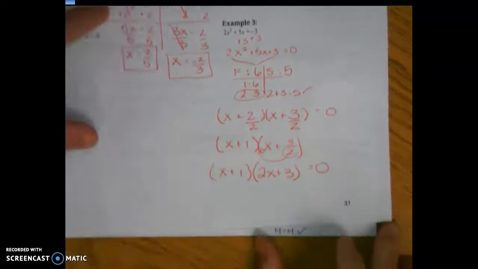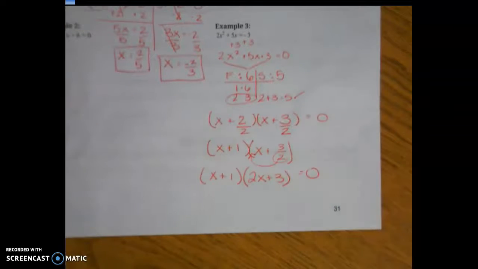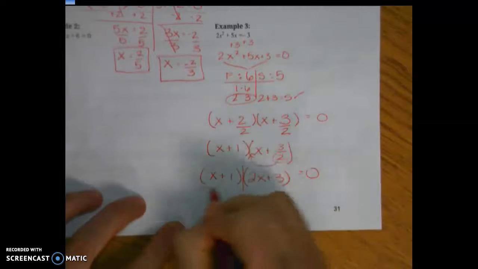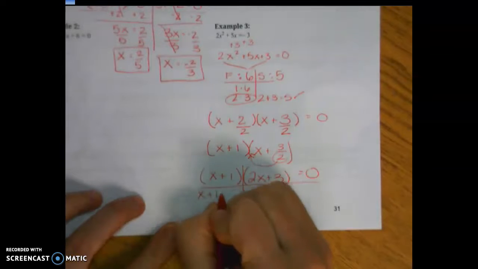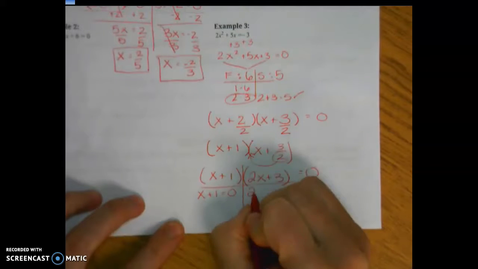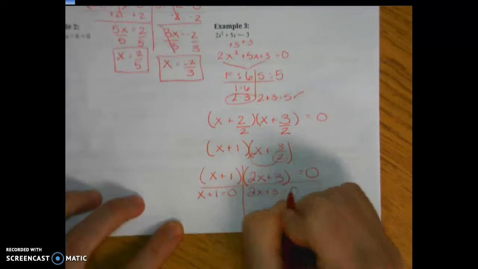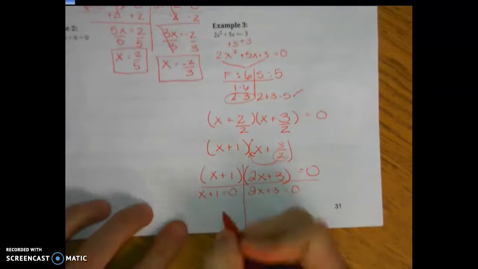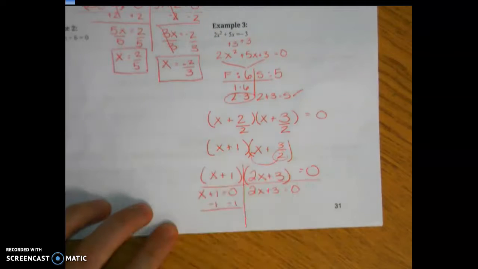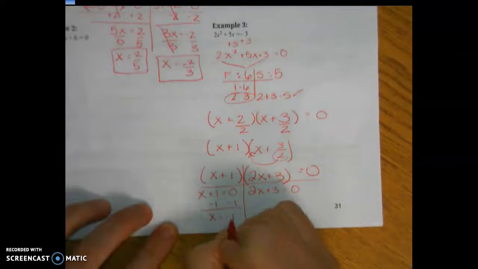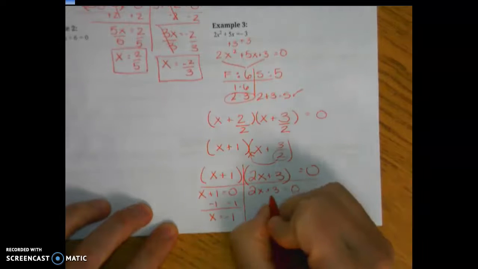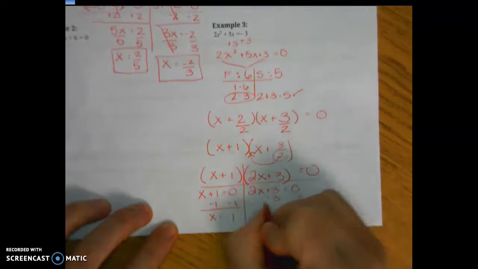So now I'm going to take both of these factors and set them equal to 0. I have x plus 1 equals 0, and then I have 2x plus 3 is equal to 0. For this one, I will do minus 1 on both sides, and I get x is equal to negative 1. And then for this one, I'll do minus 3.